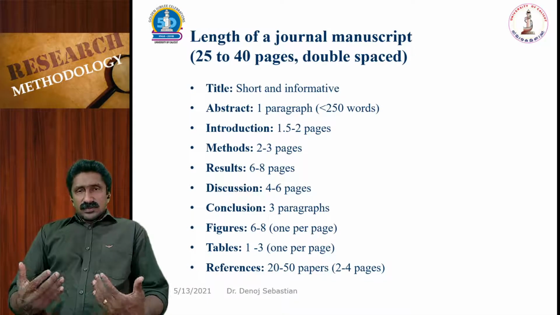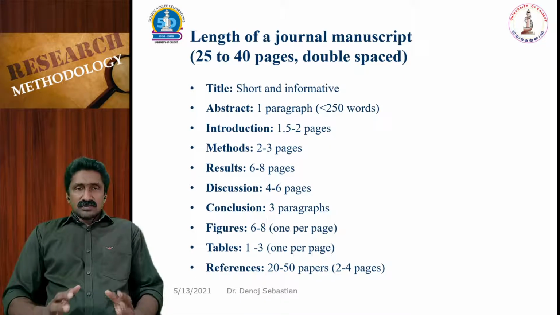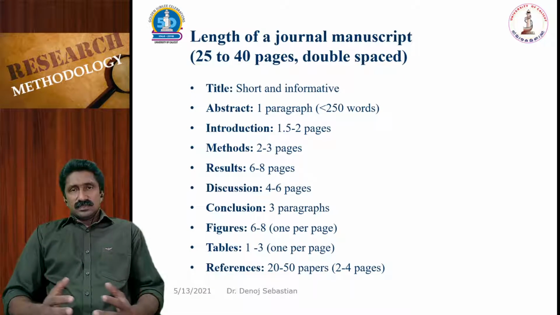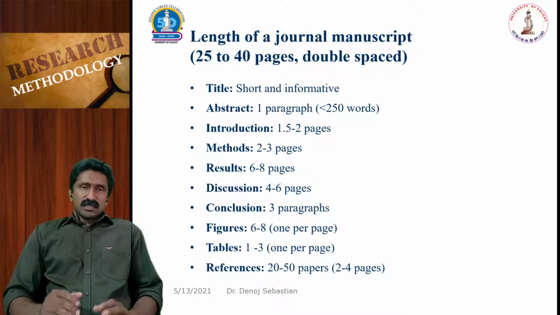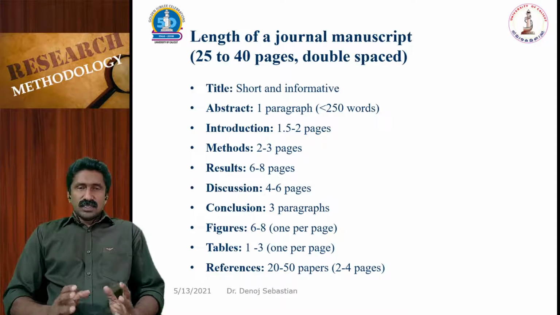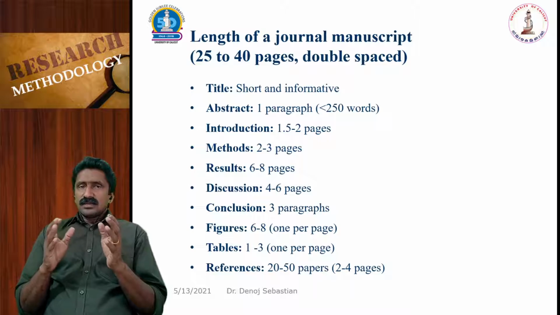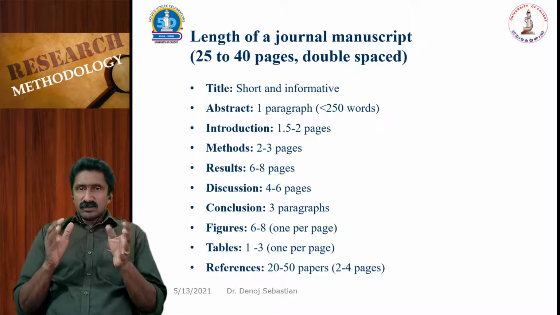And when we consider a journal manuscript, an average journal manuscript of 25 to 40 pages, which is written in double-spaced format, the size of that manuscript is described as shown on the screen. Title should be short and informative, and abstract should generally be 1 paragraph.